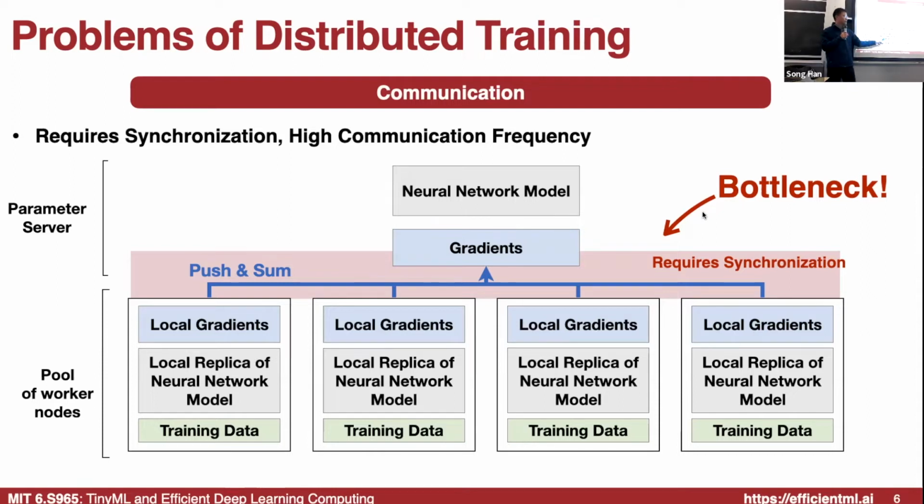Each worker is going to calculate the local gradients and send the local gradients to the parameter server. The parameter server is going to accumulate an average of gradients and update this neural network model. So this push and sum also requires synchronization across different training workers. That becomes the bottleneck for the whole system.